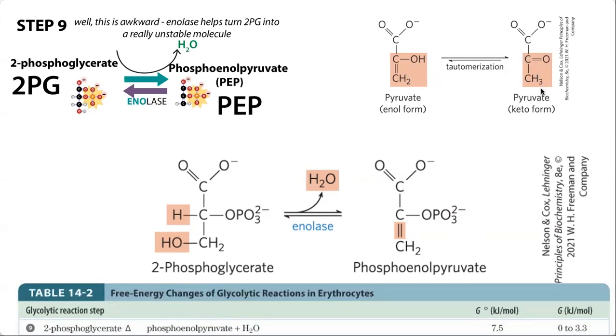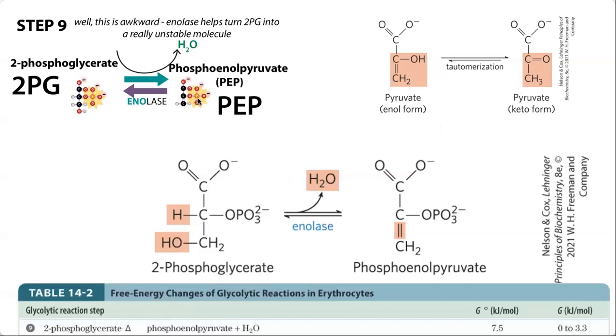This keto form is going to be much more favored than the enol form. So if we just take an enol and let it go, it would really want to go to the keto form. But what enolase is able to do is basically trap it in this enol form by that phosphate group.